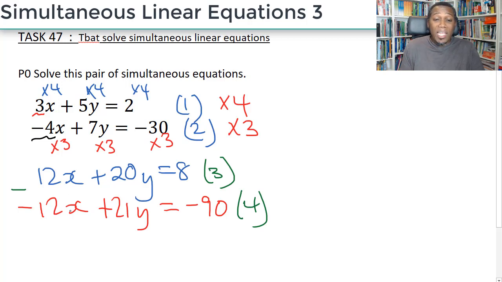If you were to subtract equation 4 from equation 3, you're going to end up in hot water because you'll have 24x. And the whole point, what are we doing this for? We were doing this because we need to eliminate the x so that we can find y. Subtraction is not going to work. We need to make this an addition problem.